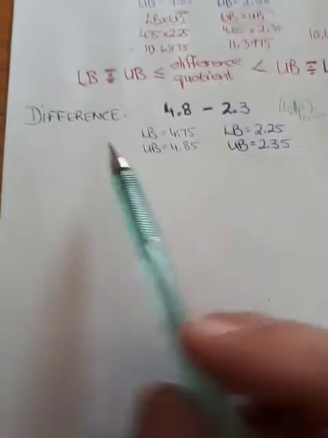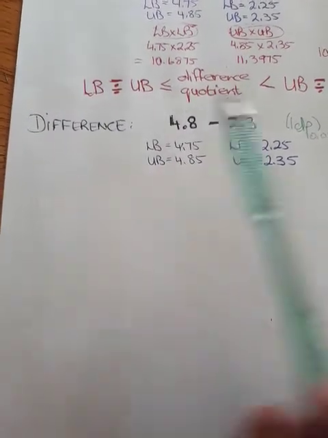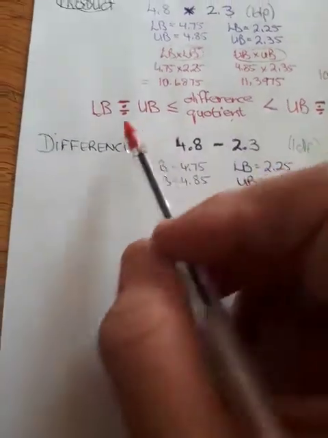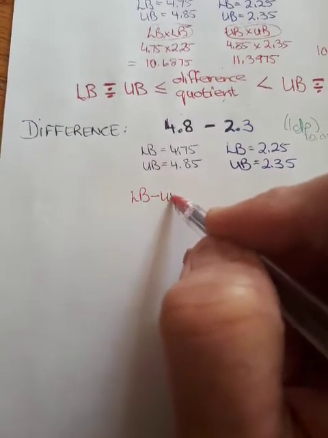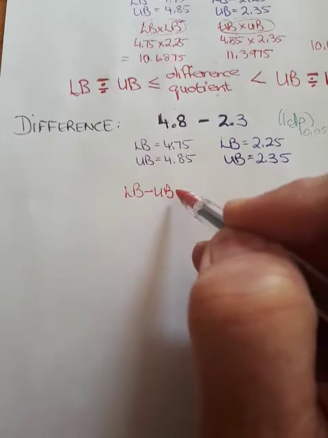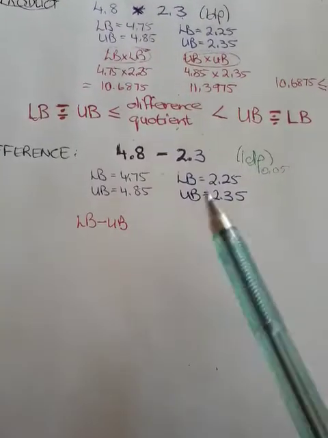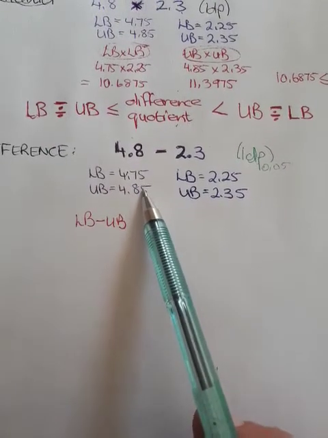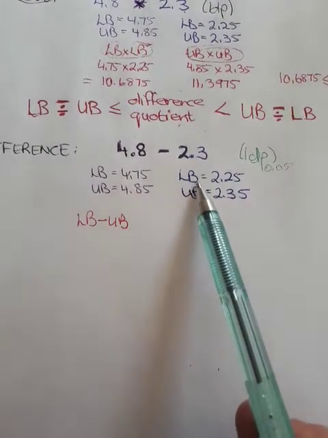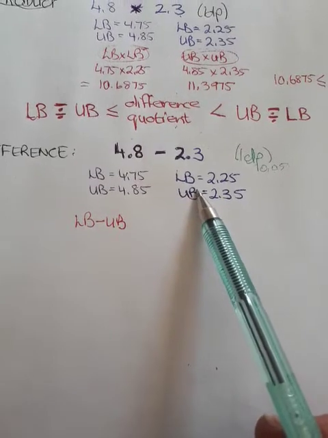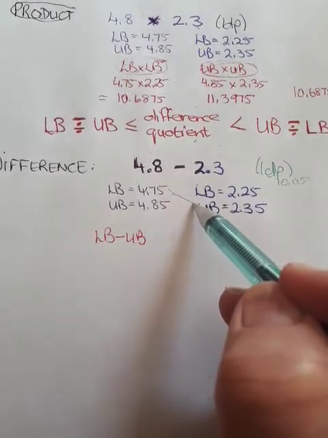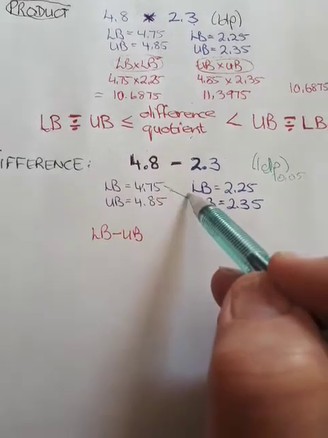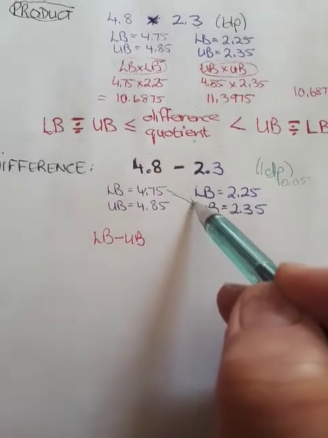Now if you have to calculate the difference, remember we must have the lower bound minus the upper bound, which gives us the lower bound. Look at the way I write it. I prefer you to write LB and UB underneath each other for the two numbers. For the lower bound, you use the lower bound first and then the upper bound second.